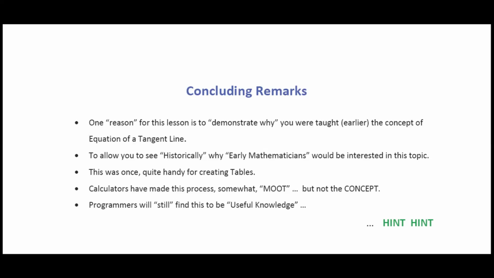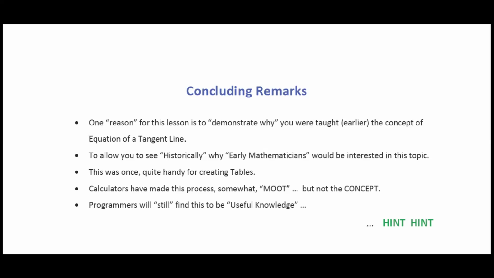They created trig tables, tables of trig functions, so that if you wanted to find the sine of 0.4, you went to a table. They used something of this nature to create that table. Calculators have made this process somewhat moot, but not the concept.